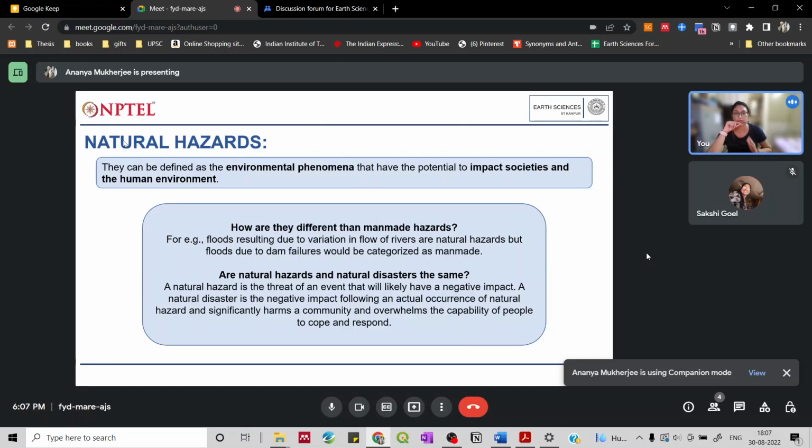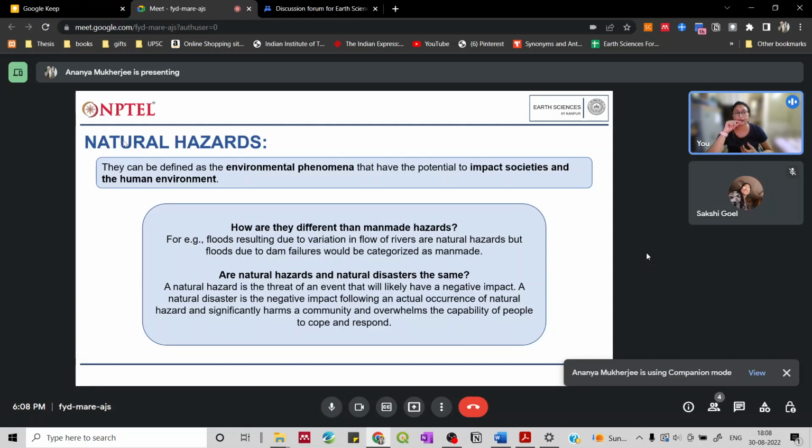Natural hazards are usually caused due to natural processes that are happening across the earth's surface. For example, floods related to the changes of the river flow, changes in the quantity of the water flowing in a river. You might have heard about the flood banks next to the rivers. These are the banks which experience flooding when the water level in the rivers rises, and then they flood the area adjoining the river.